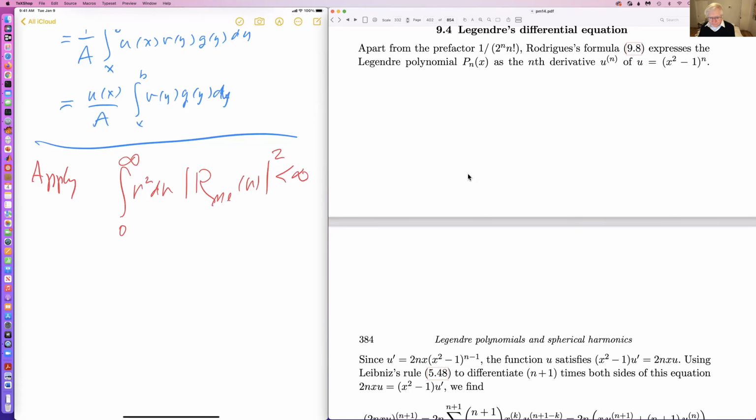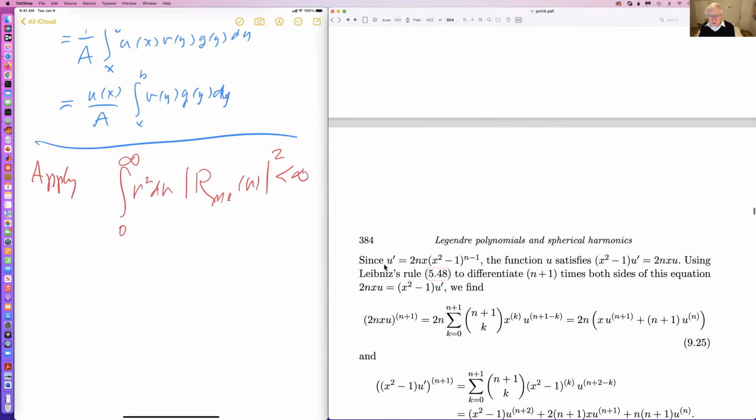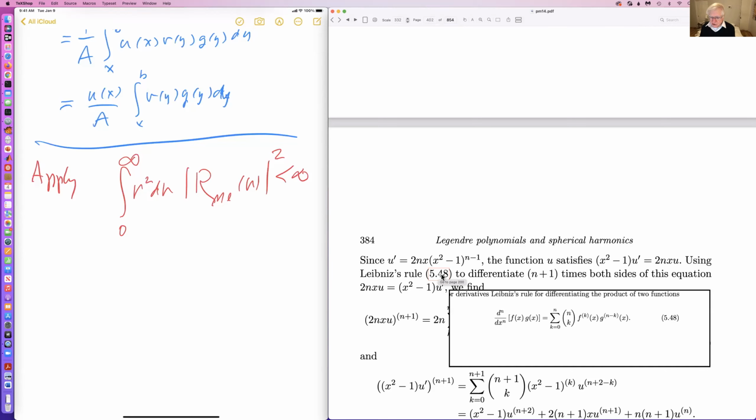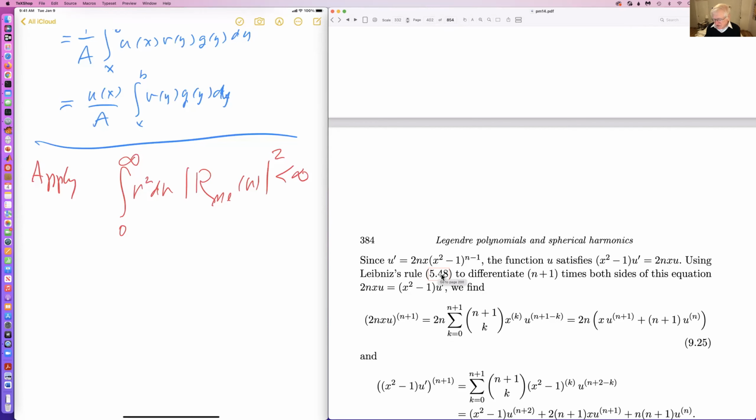Then we can see that u prime is given by this. We multiply by x squared minus 1 and we get this expression. And then we use Leibniz's rule, which you remember is how to differentiate the product of two functions.